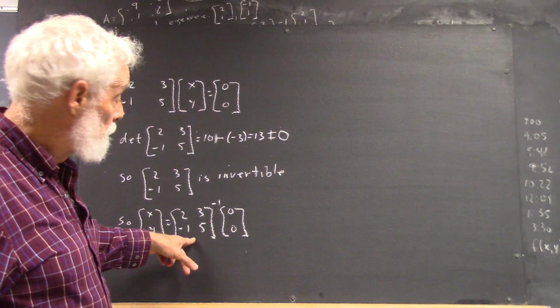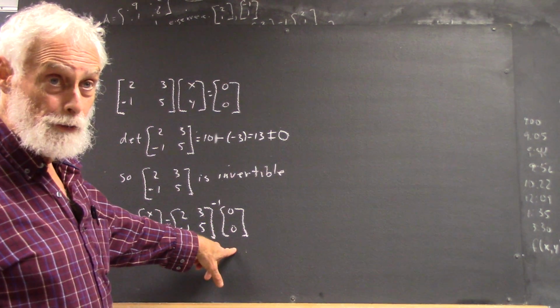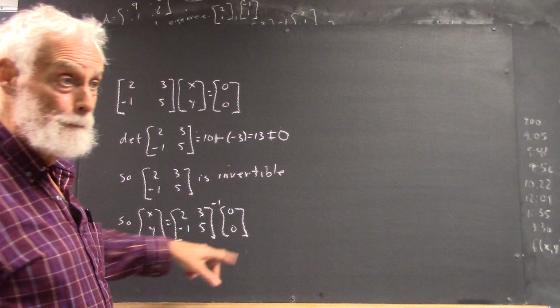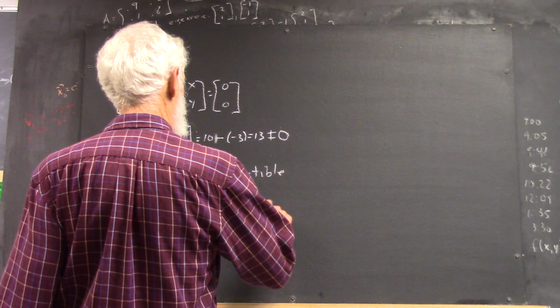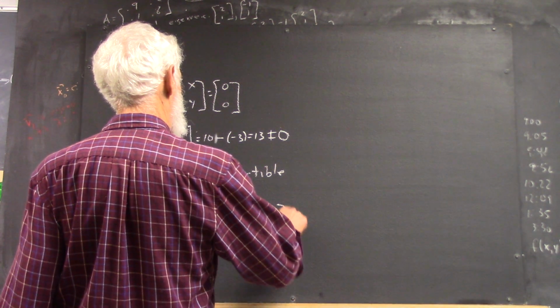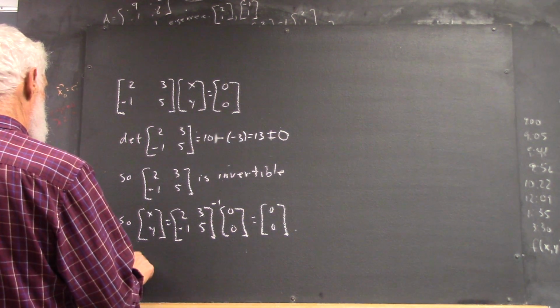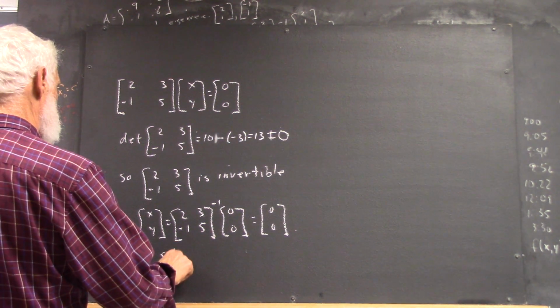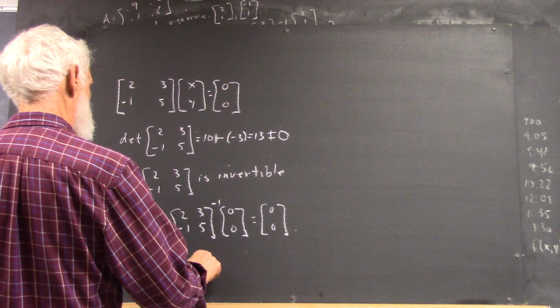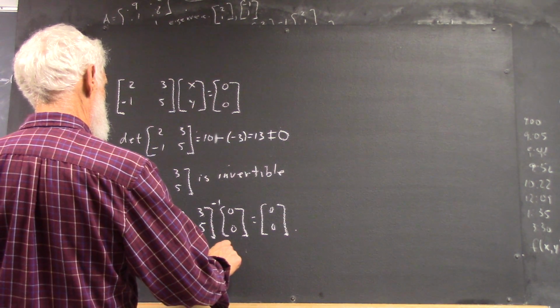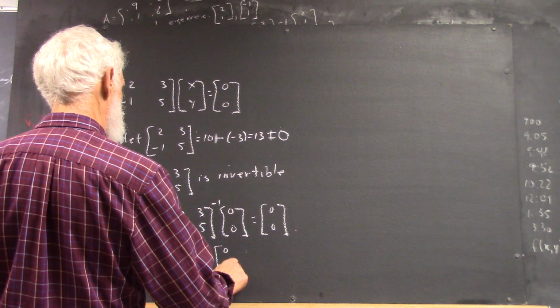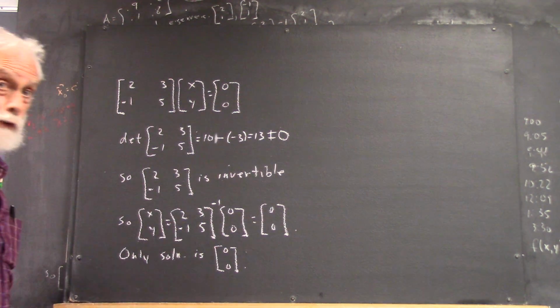And whatever that inverse matrix is, when we multiply it by 0, 0, we're going to get 0, 0, right? So the only solution is a zero vector.